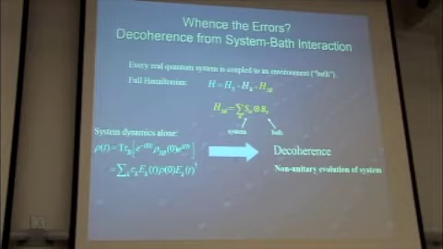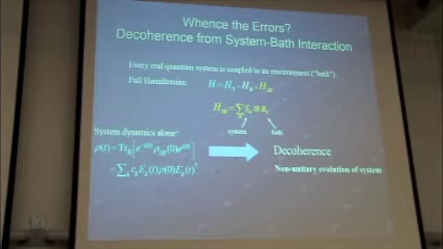Okay, so what is decoherence? Mohammed gave one definition for a qubit, which involved the decay of off-diagonal elements, although he was careful to point out that if you change basis, then the shape of the density matrix can change.